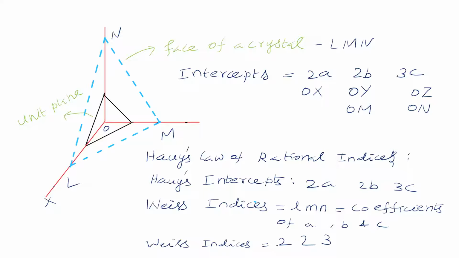These are the Weiss indices 2, 2, 3, that is L, M and N. Next, we will take the reciprocal of these, and we will convert that into the simplest integer ratio. That simple ratio is called Miller indices.